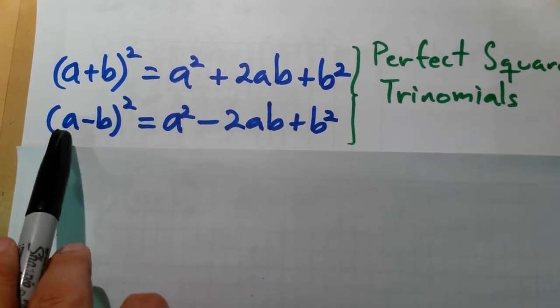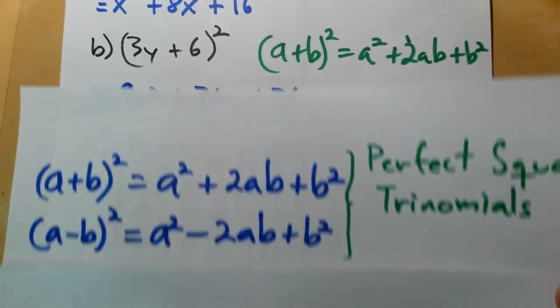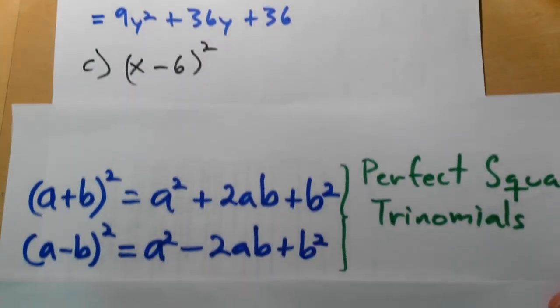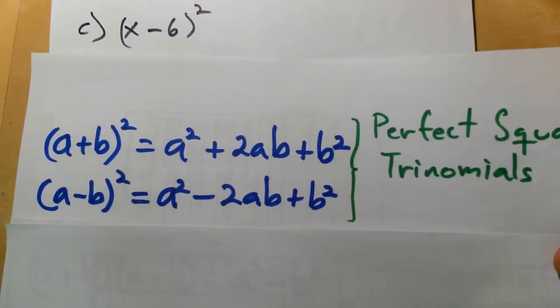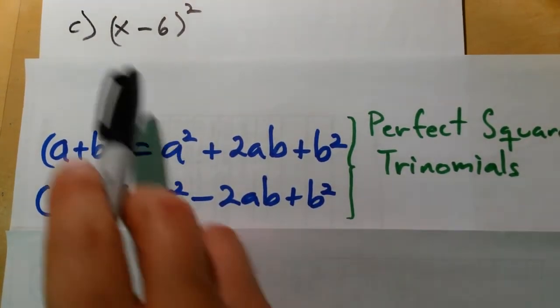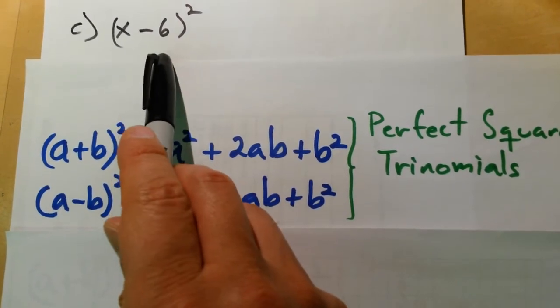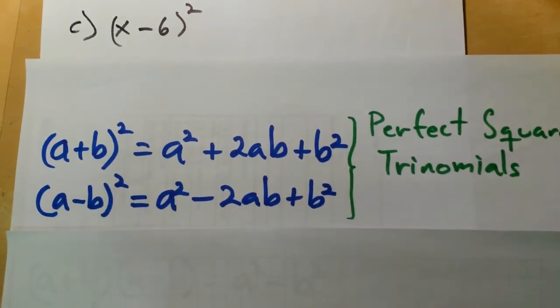This is A minus B. We will be using the second one because there's a minus in there. So (A - B) squared, where our A value would be x and our B value would be 6, and then we simply apply this pattern.